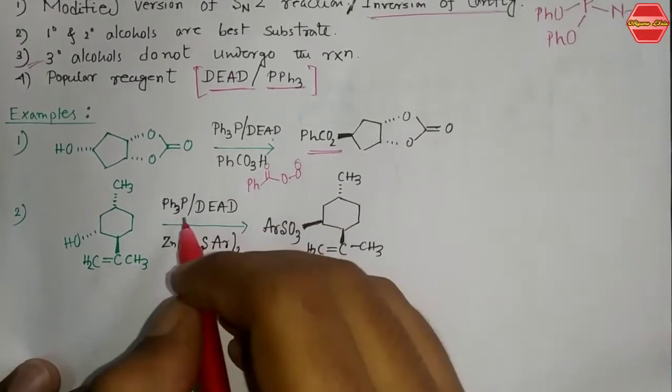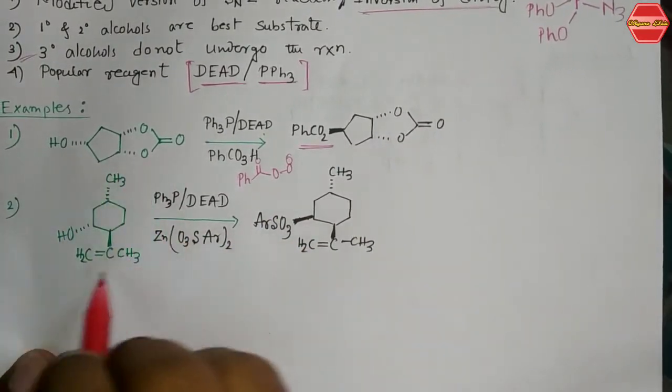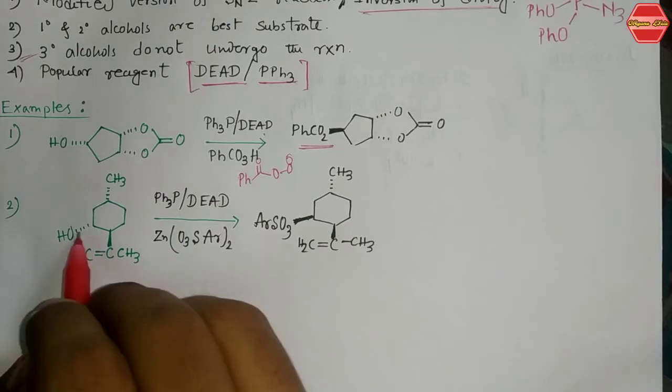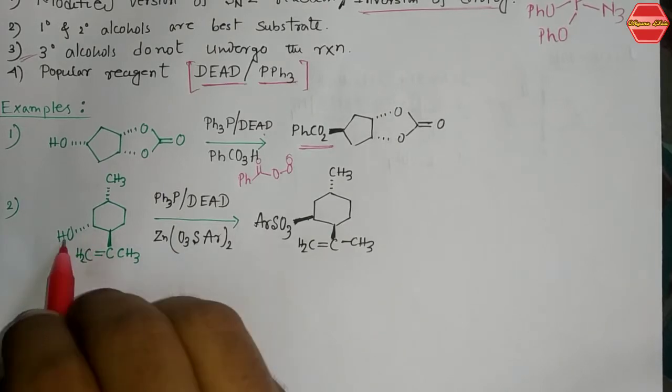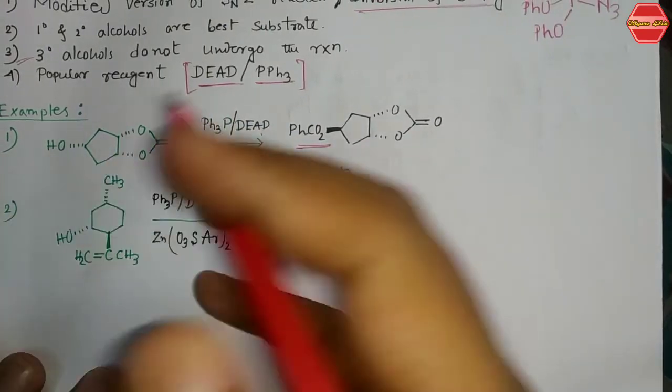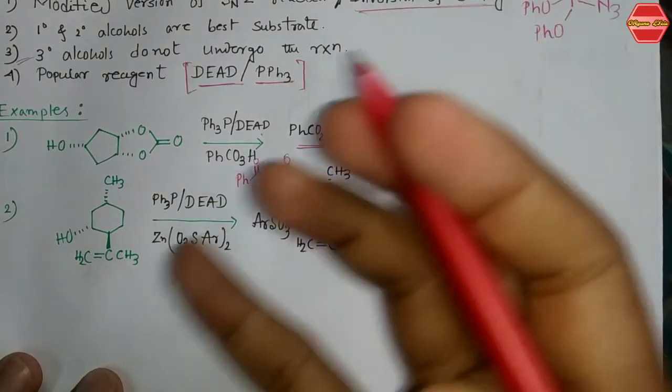Now see the next example for this reaction. You have been given the substrate like this. The OH is below the plane, so you have to make it above the plane.